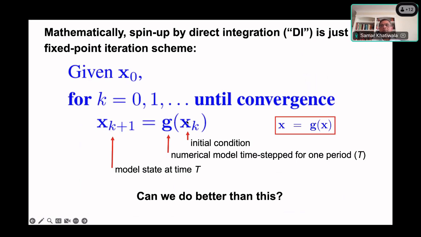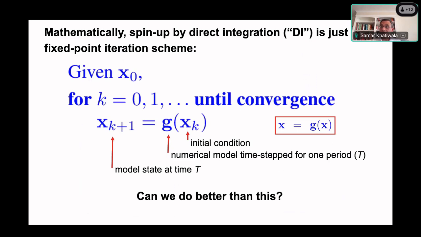After 1 year, you plug that back into the right-hand side, and you keep repeating this until the left-hand side becomes equal to the right-hand side, or as close as you can make the two be. That's what conventional spin-up is about. You basically just keep repeating this fixed point iteration.